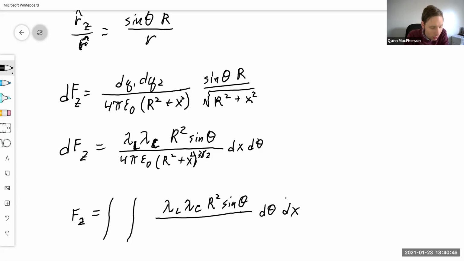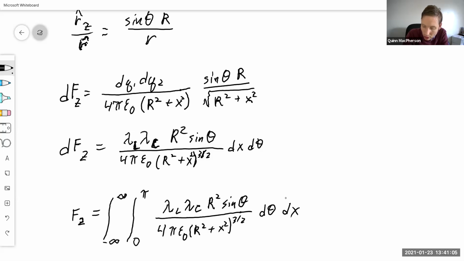You can always switch the order of integration. Over 4 pi epsilon naught, R squared plus x squared to the 3 halves. Theta is going to go from 0 to pi, and x is going to go from minus infinity to infinity.